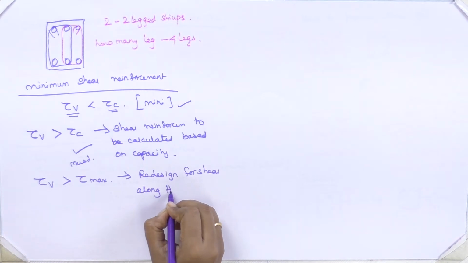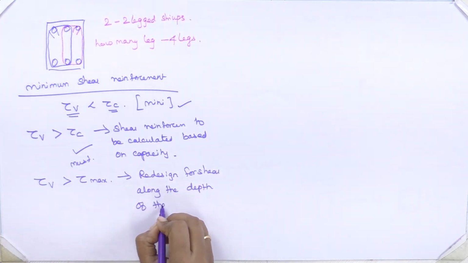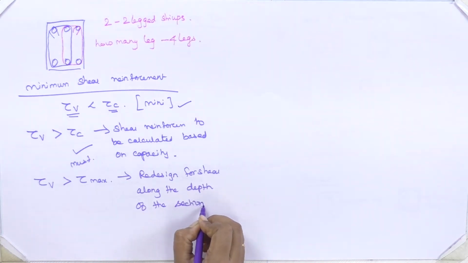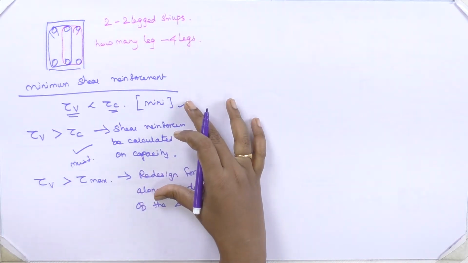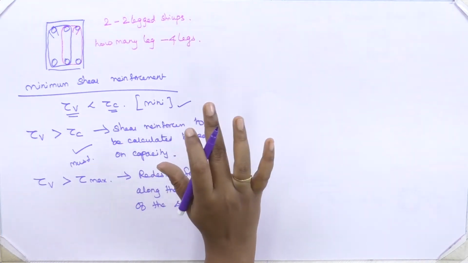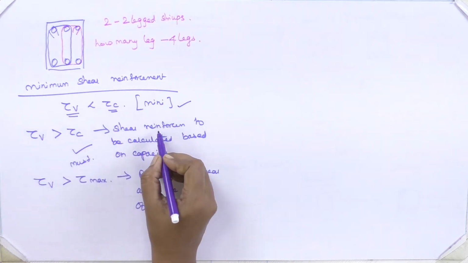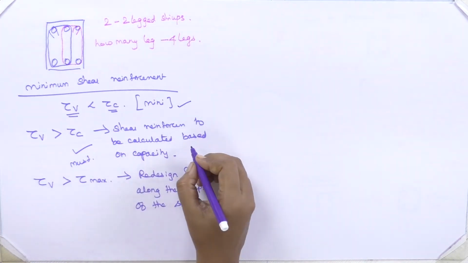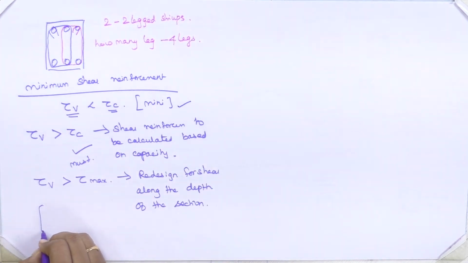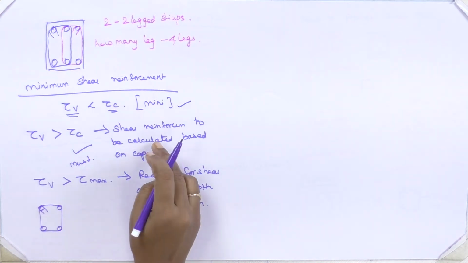Along the depth of the section. Okay, these are the criteria you need to check whether your shear capacity is okay or you need to provide reinforcement. In some cases, if you provide shear reinforcement, two-legged stirrups may not be sufficient to take care of my shear.